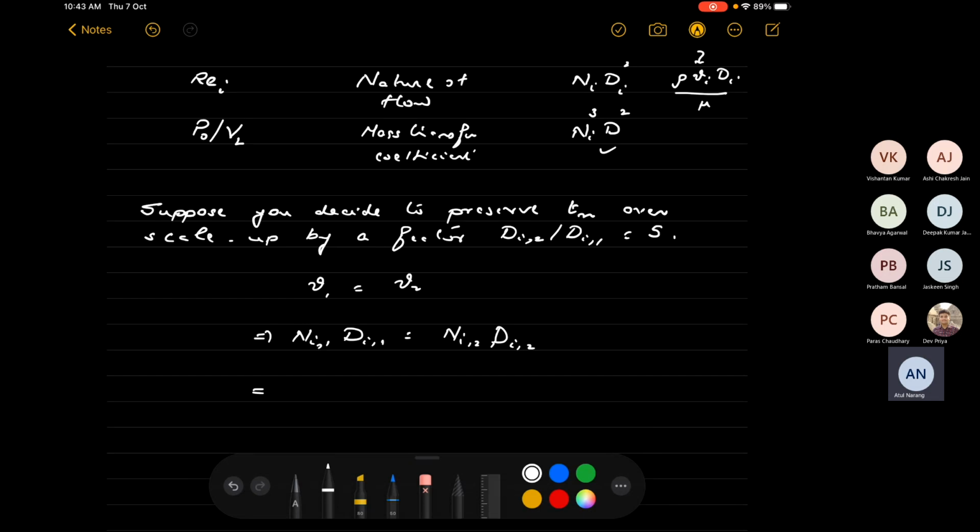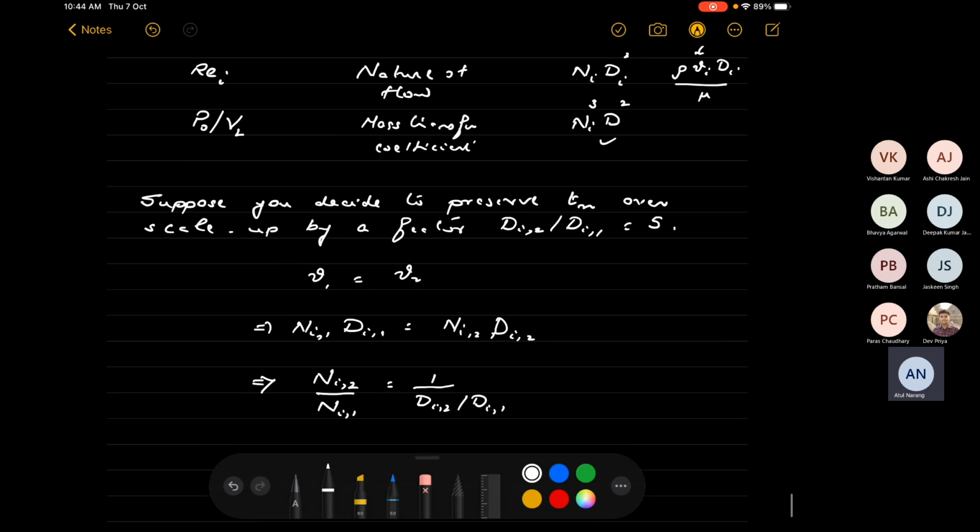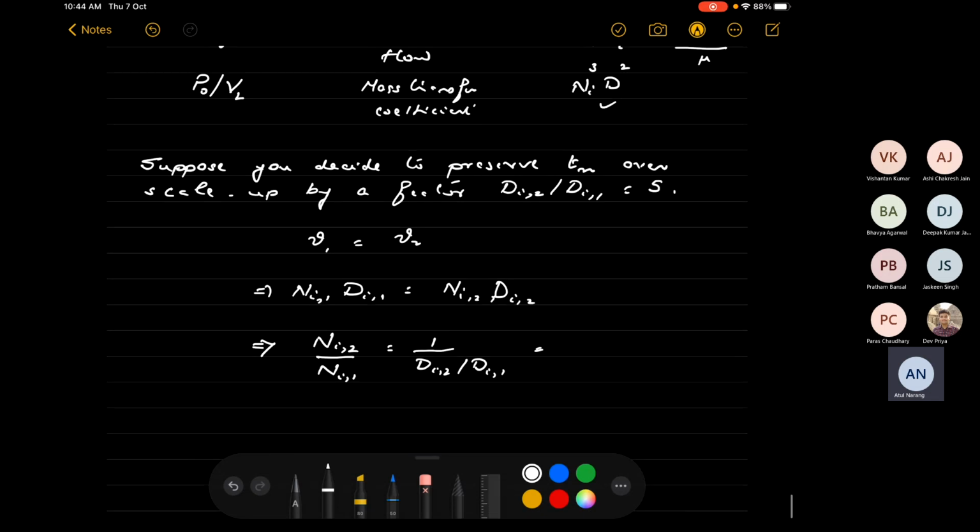But that means that I must then make sure that Ni2 divided by Ni1 is equal to 1 divided by Di2 divided by Di1, which is basically nothing but 1 over 5. I mean, that's obvious, right?